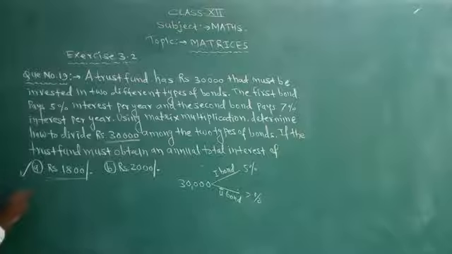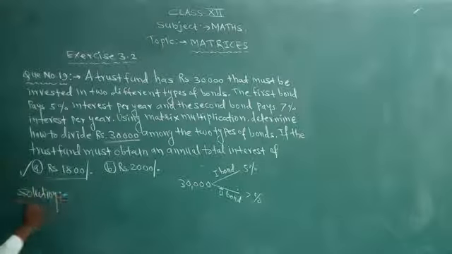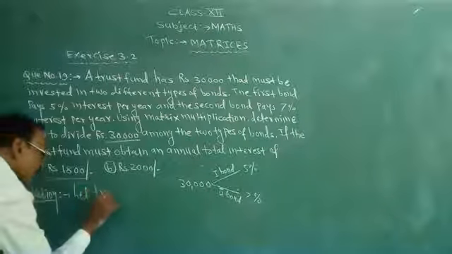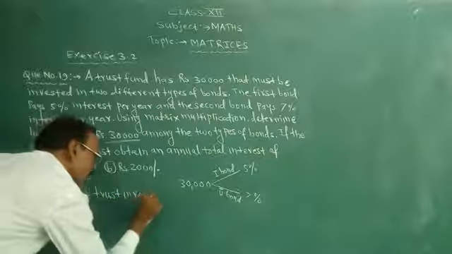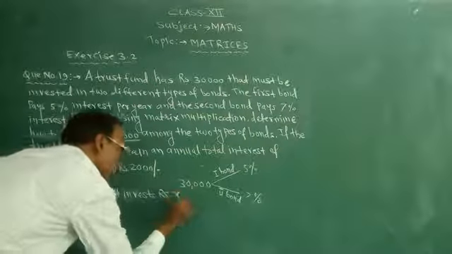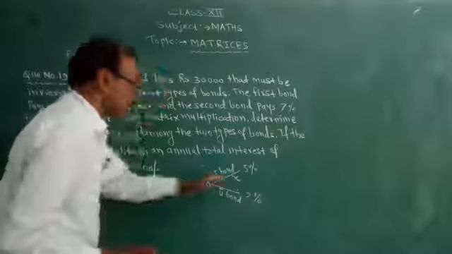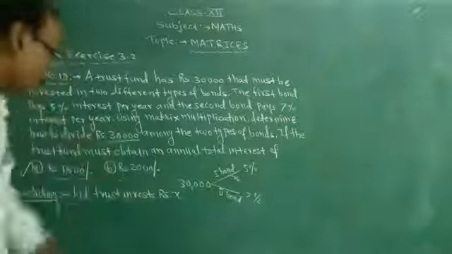So solution, let trust invest rupees X. Suppose trust is investing rupees X in first bond, so 30,000 minus X will be invested in second bond.